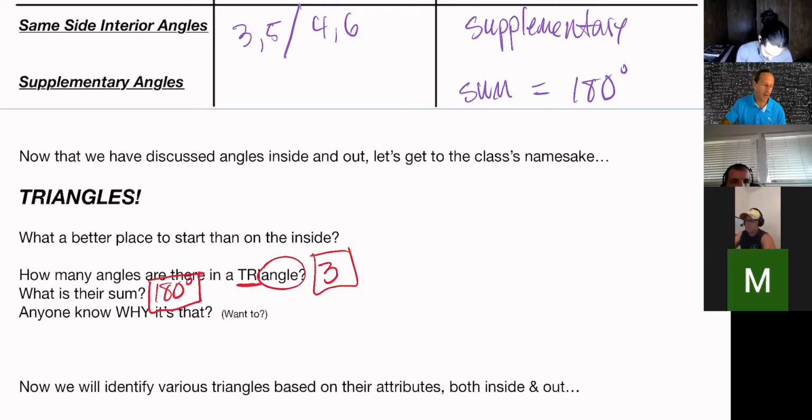Does anybody know why? 360 is a circle. Okay, good. But we're talking about triangles, Matt. What does the circle have to do with us? Nobody knows why the sum of a triangle is 180?